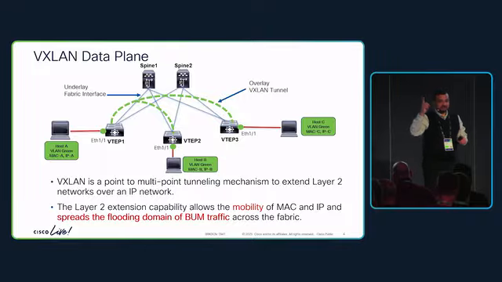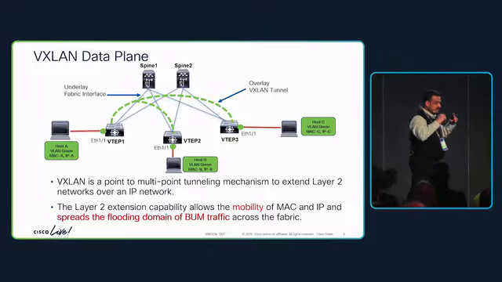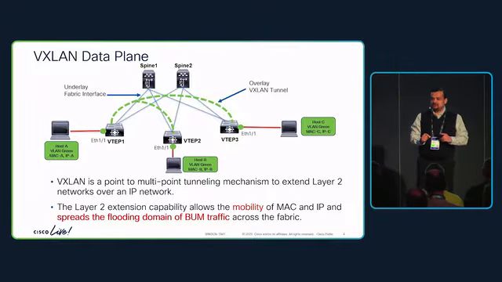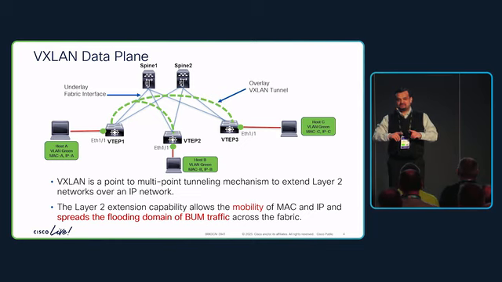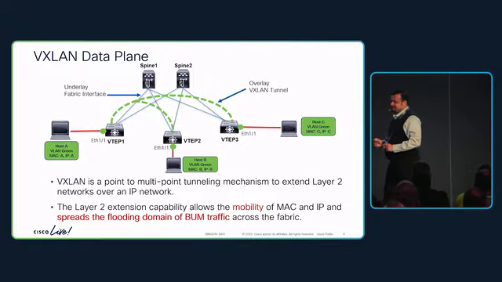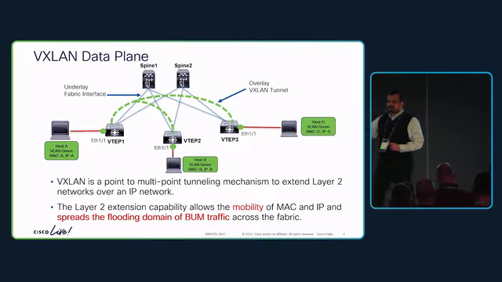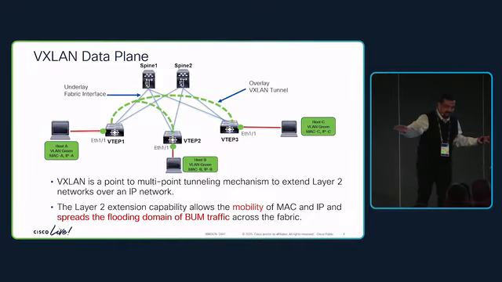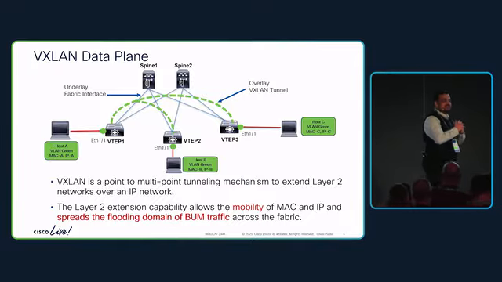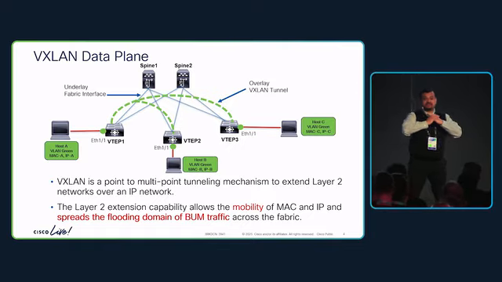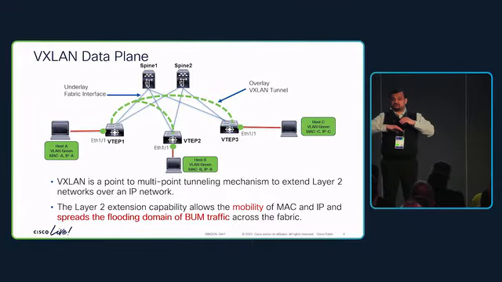That's the first thing. The second thing is, as you extend your bridge domain, you extend your flooding domain, right? And flooding could possibly equate to another word that starts with F, which is failure domain, right? Because you can extend the blast of any sort of storm across your fabric.